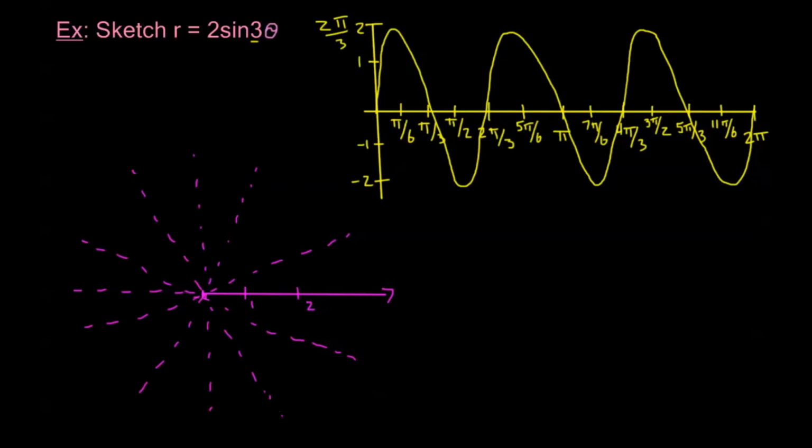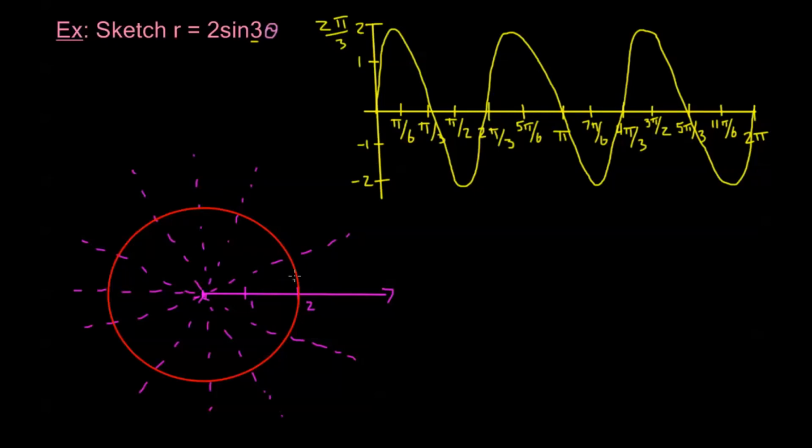And let's go ahead and put in some circles to help us out as well. I only really need a circle for 2. We don't really hit 1 on any of these key points, so a circle at 1 is not going to be necessary. And let's draw in our graph.